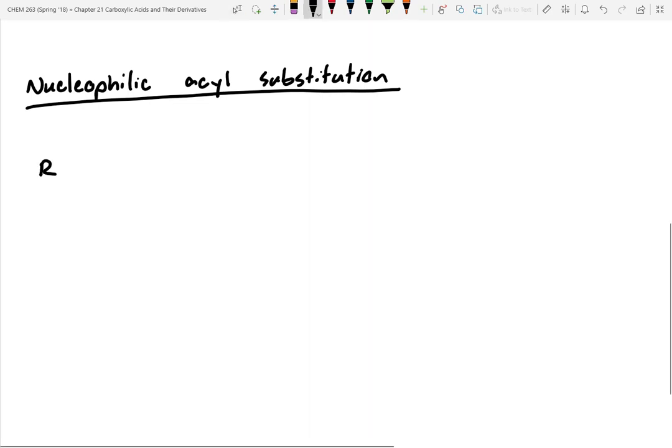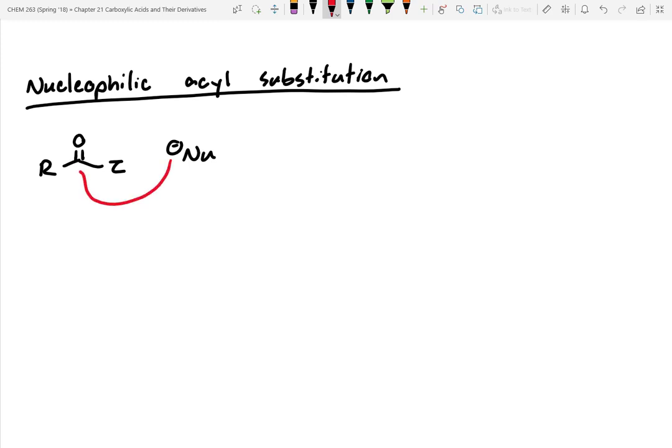So if we've got a generic reaction, and I'm still going to use that placeholder Z, because we know it can be one of a number of leaving groups, and you react this with a nucleophile, the number one mistake I see students make is they say, oh, it's just like SN2 chemistry, like that.